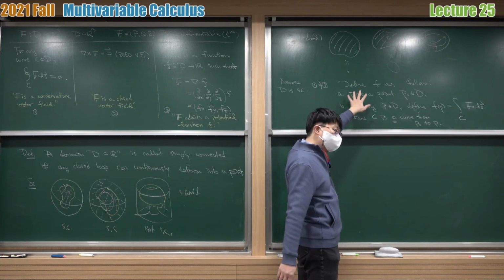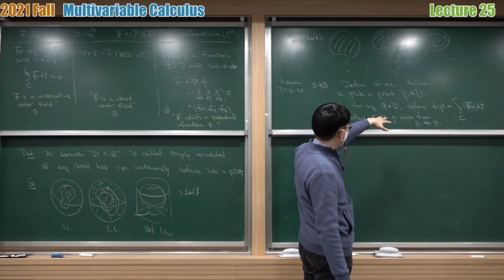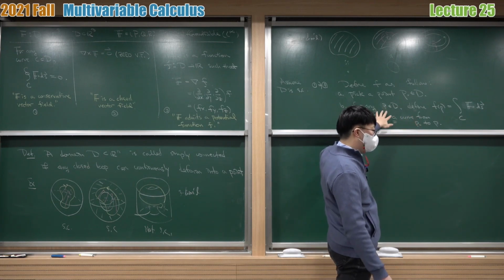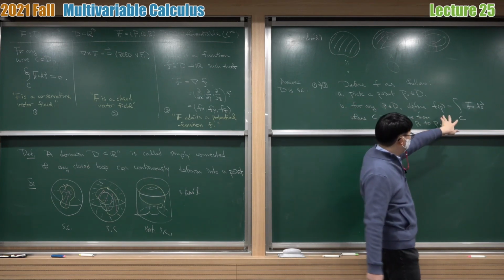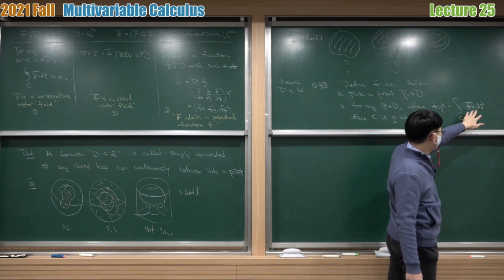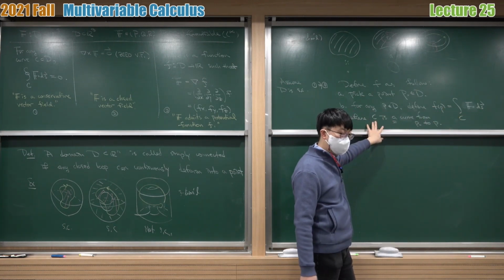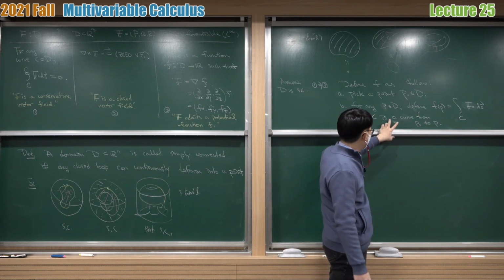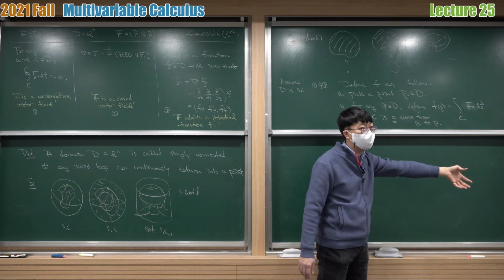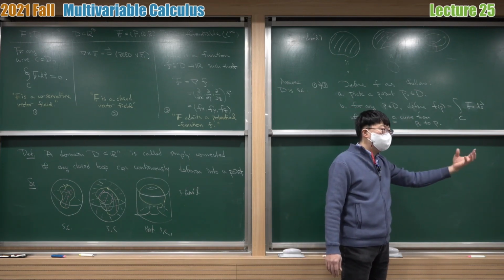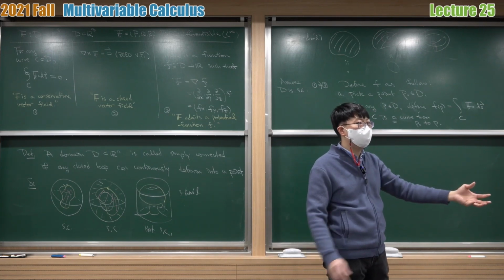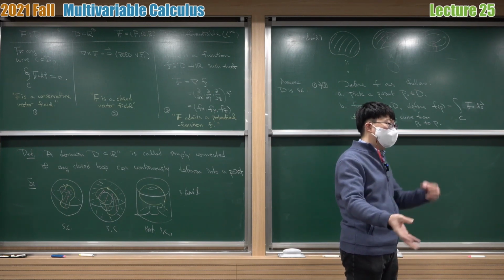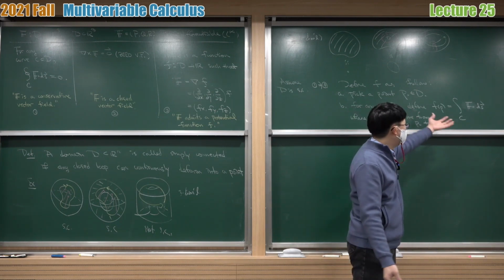I picked a point, so that's okay. And P is okay because I'm defining a function for this point P, but this value of the function depends on a choice of a curve, and I don't specify that choice. I just say that this is a curve, which means that it can be any curve. So generally, it makes a problem. If you define something with a random choice, you have to show that this random choice always gives the same answer in order to say that this is well defined.